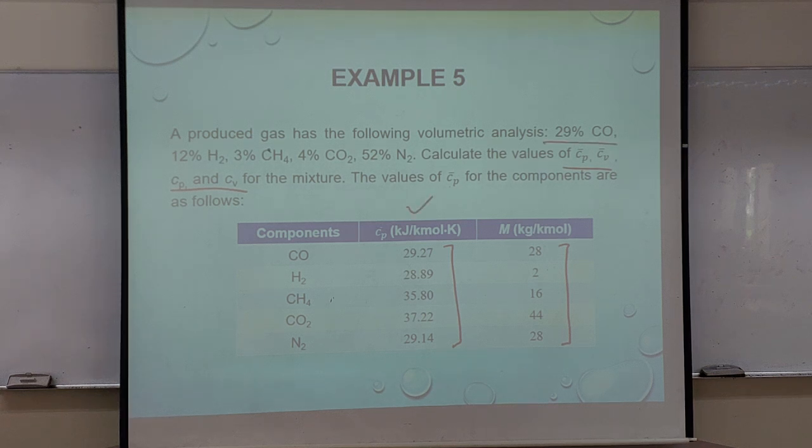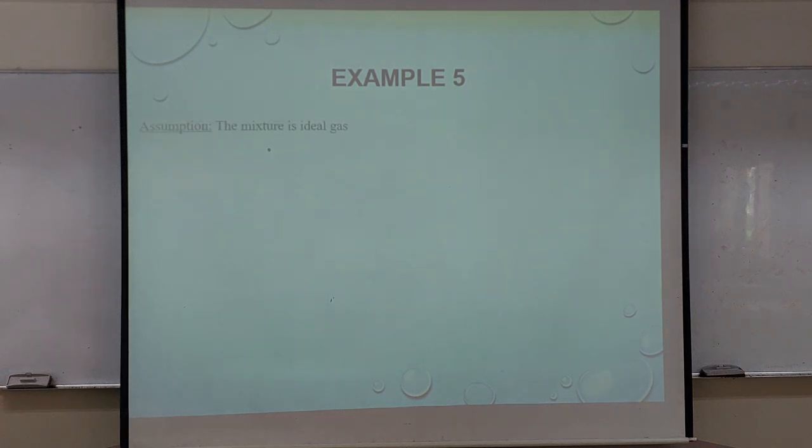Because you have the mole analysis, the volumetric analysis or the mole analysis, for the molar heat capacity or the CP bar, you don't really need to do anything extra. You just need to multiply it in.